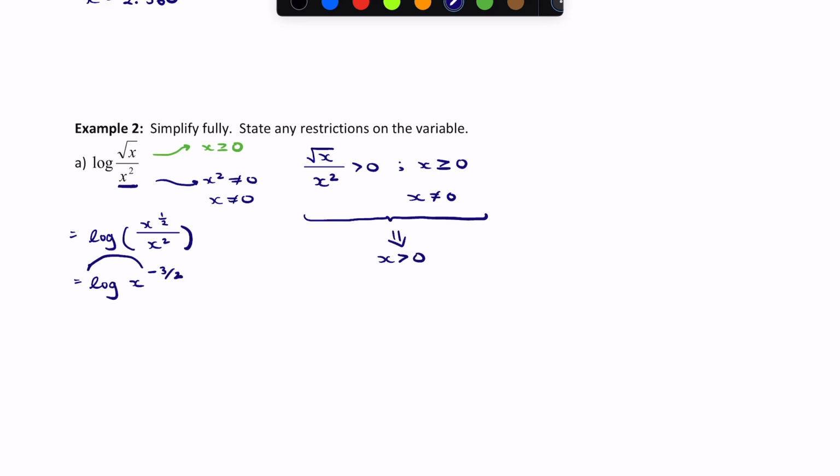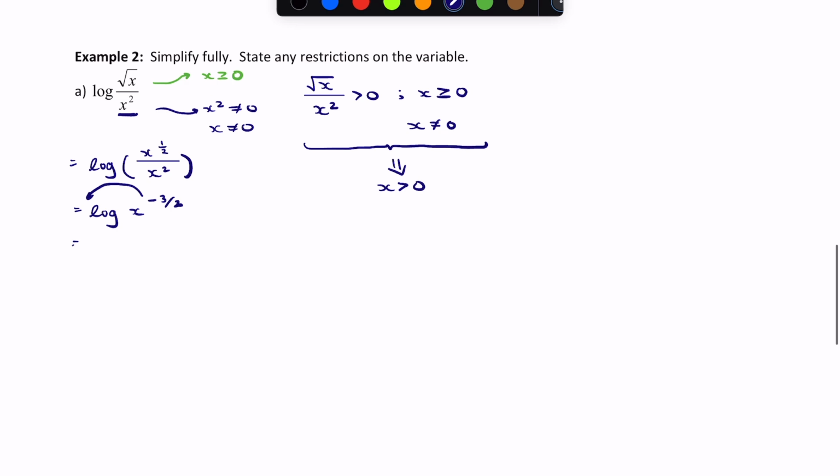Move the negative 3 over 2 to the front, so it'll be negative 3 over 2 log x. And here, again, x has to be greater than 0.